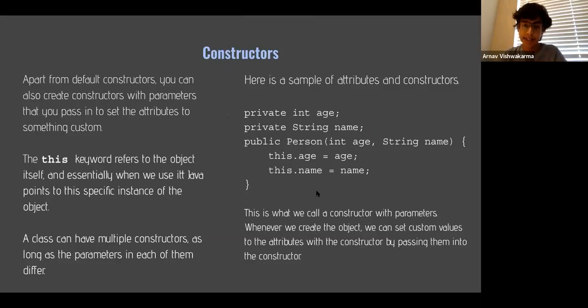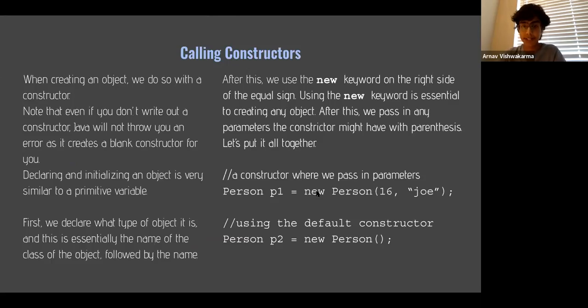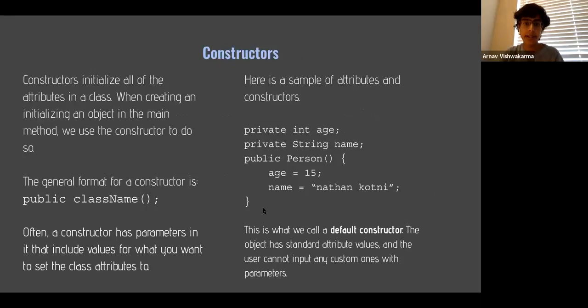Going back to the slide, we can see that we did just that, so we initialized it correctly. For the second constructor type, we set Person p2 as a new Person using the default constructor. If we take a look within the class, we initialize it to a set standard value where the age is 15 and the name is Nathan Cohen.